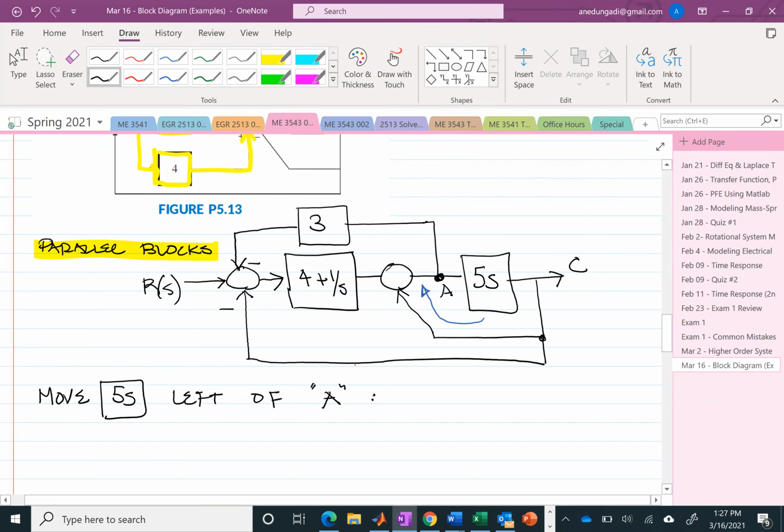If you move to the left of a pickoff, then that's pickoff left, output divide.